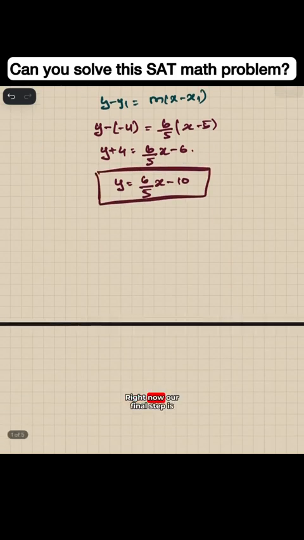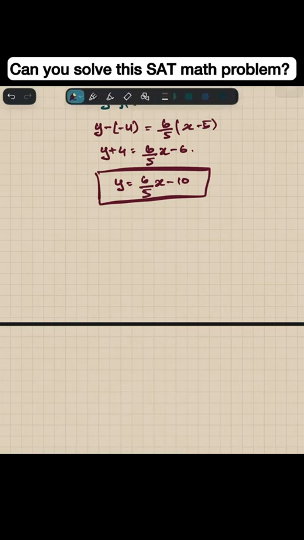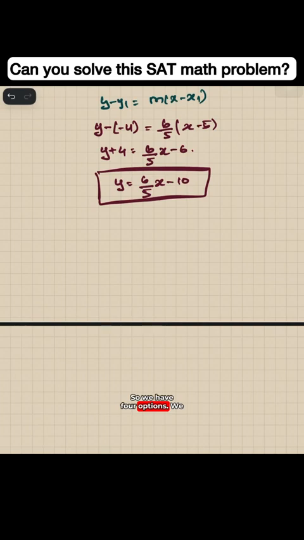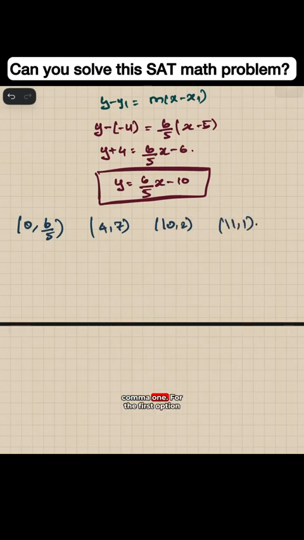Now our final step is to test the answer choices. So we have four options. We have 0, 6 over 5, so that's our choice A, first option, and then we have 4, 7, which is the second option, and then we have 10, 2, which is the third option, and the final option is 11, 1. So how would you test these?